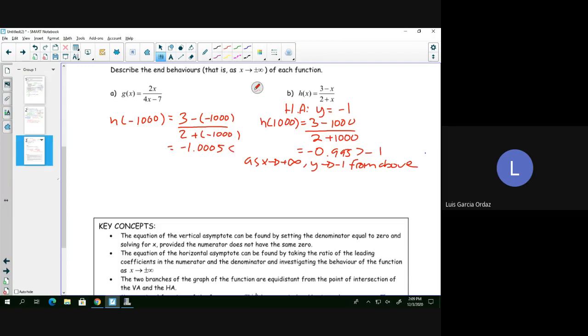So it's going to be less than negative 1, which means as x approaches negative infinity, y approaches negative 1 from below.